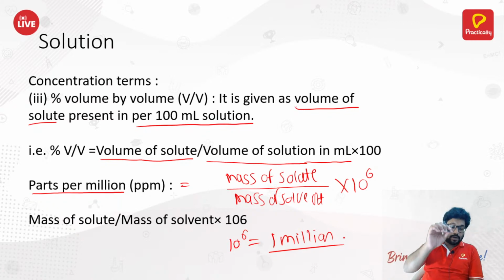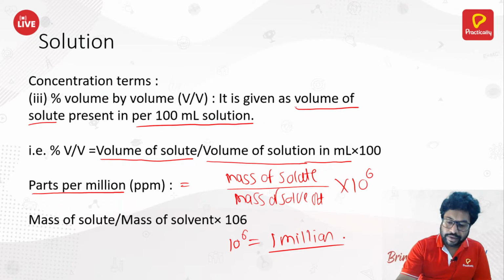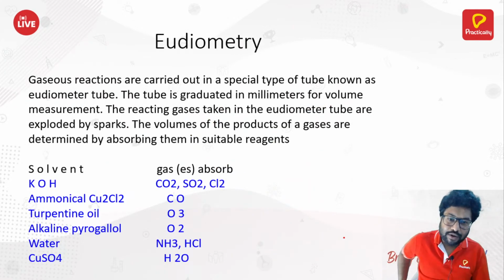So basically mass of solute divided by mass of solvent, into 10 raised to 6. That is what is called parts per million. So these are some of the concentration terms which you might need while solving numericals. Okay, moving ahead. Eudiometry.